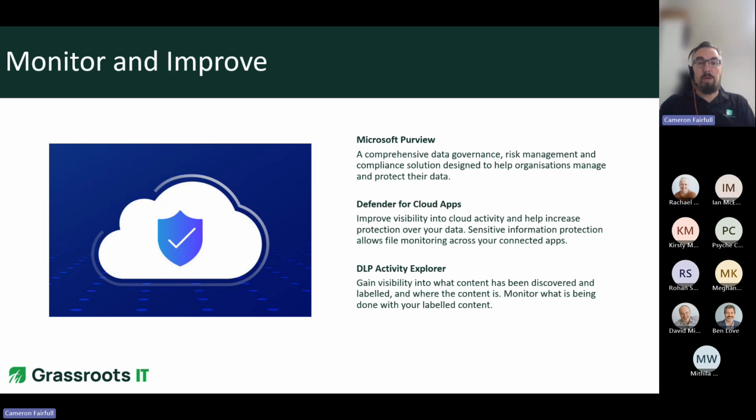The two big connectors that you might use within Cloud Apps will be your Azure and your Microsoft 365, but you might also have file shares on-prem or on servers within your organization that you would like Microsoft to monitor as well.